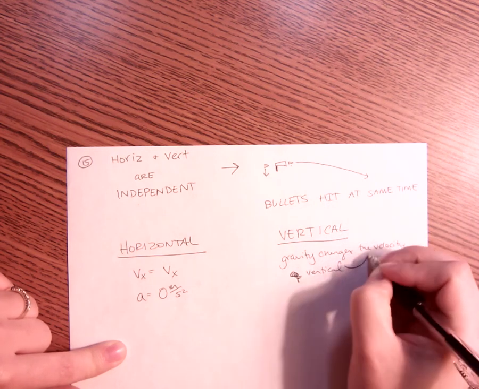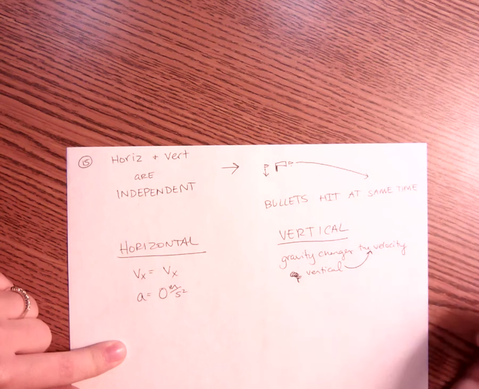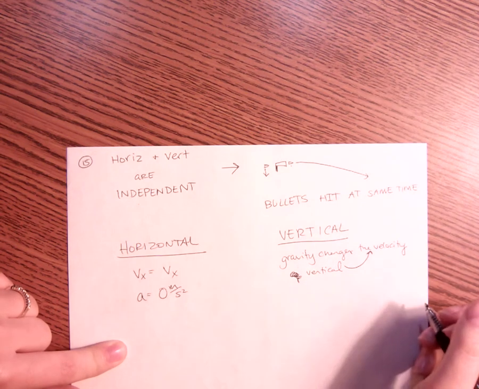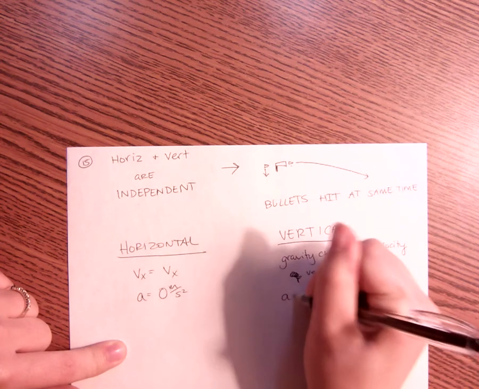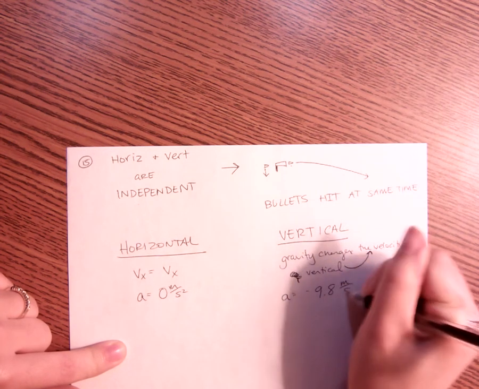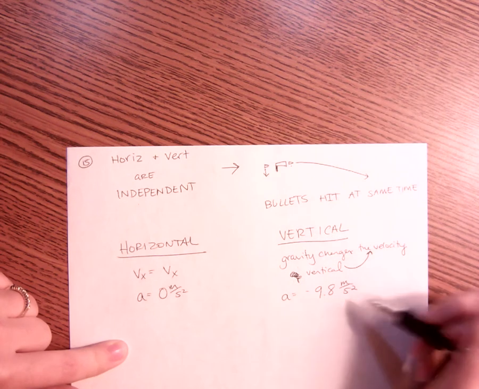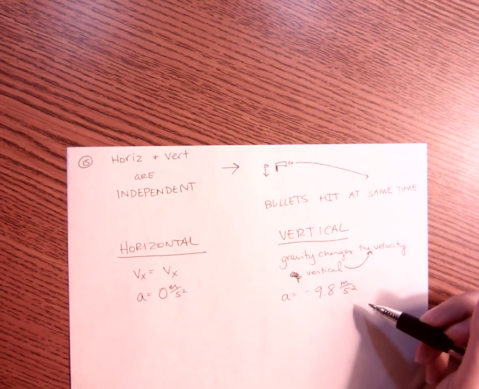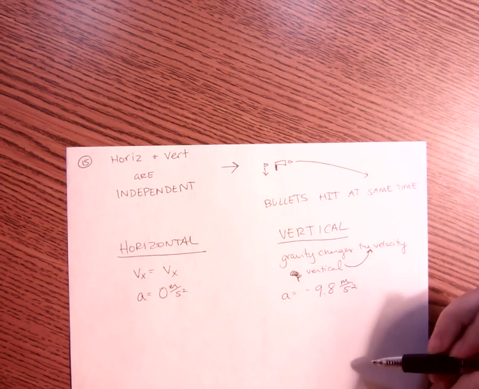Gravity changes the vertical velocity. Alright, so in what way does gravity change it? The acceleration, gravity changes the velocity of an object every second by negative 9.8 meters per second. So the acceleration is negative 9.8 meters per second squared.